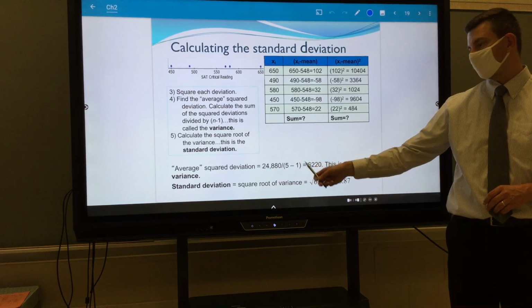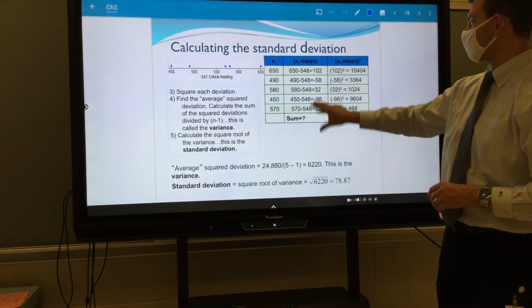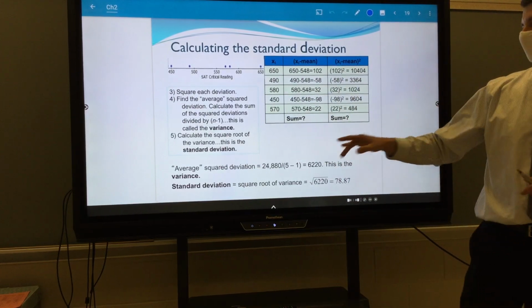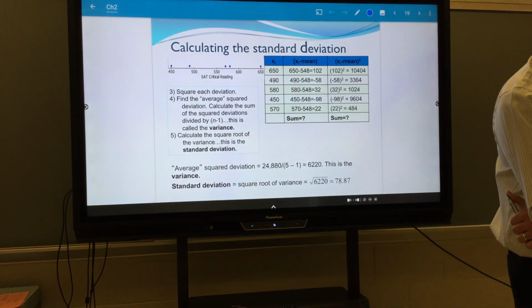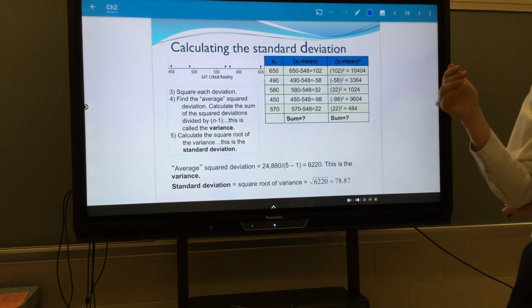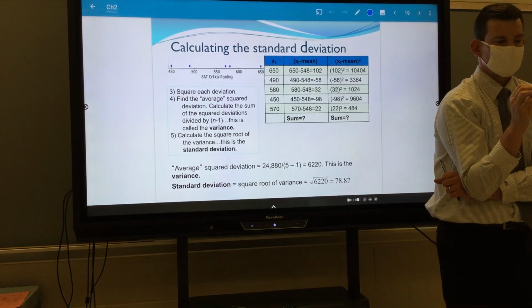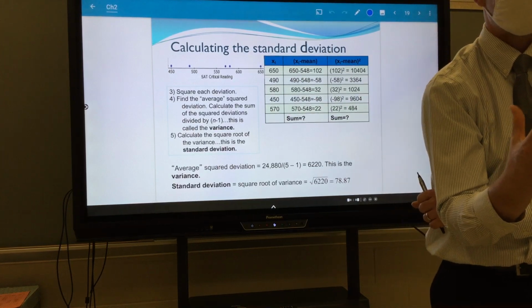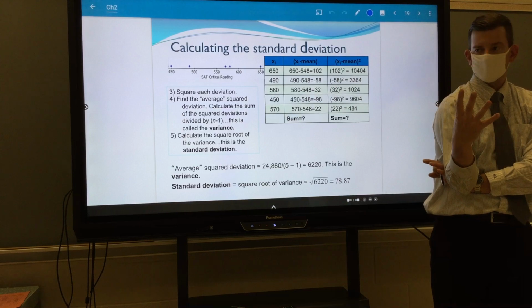We are dividing by n minus 1. Now, there were 5 items in this set. So we're dividing by 4. Basically, that n minus 1 is called degrees of freedom. Essentially, what that means is if you are one of those data points, how many alternative points do you have? Okay? 1 less if you take yourself out of the mix.